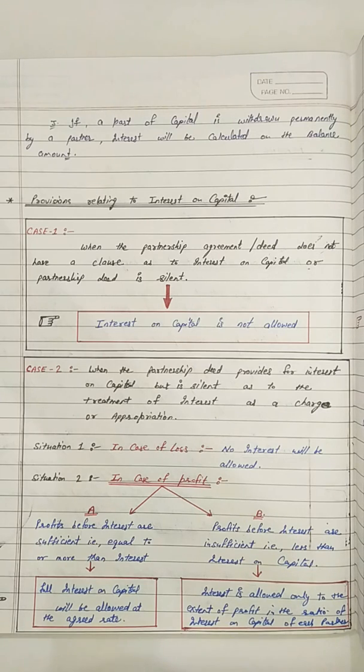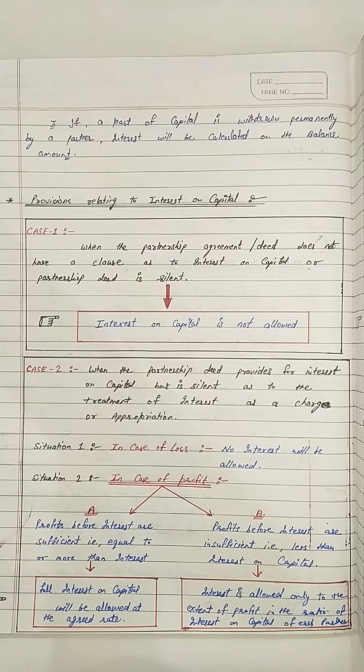In such a case, we have two situations. In the first situation, if there is a loss during the year for the firm, in case of loss, no interest will be allowed to the partners. In the second situation, in case of profit, we have two further situations.